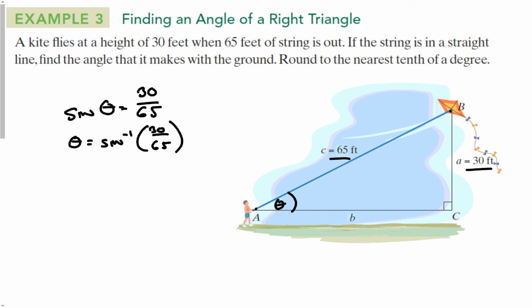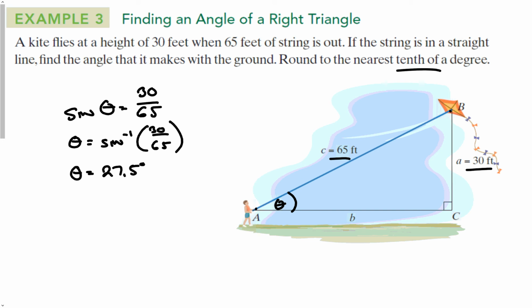It tells you what angle has a sine of 30 over 65. Remember that inverse sine is probably in the upper buttons, like the shift function, and we just go 30 over 65, and we get my answer that theta is 27 point, rounded to the nearest tenth, 27.5 degrees.